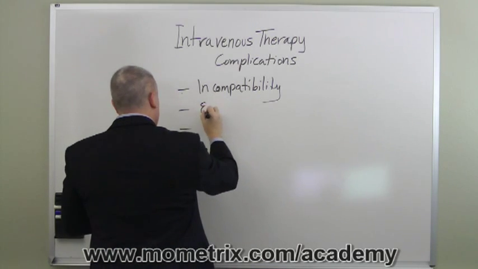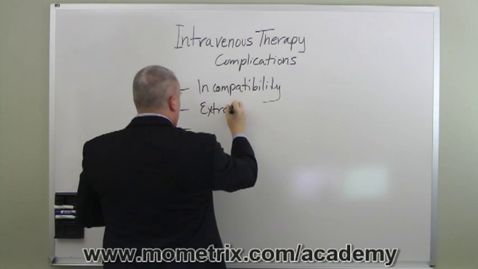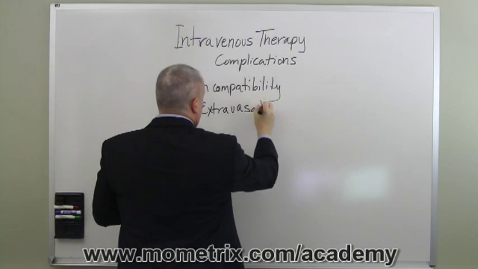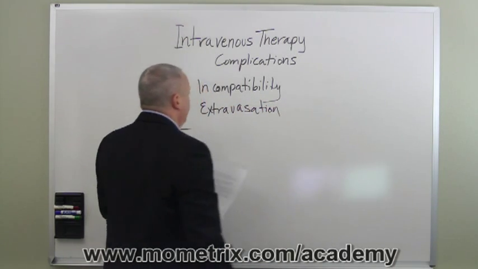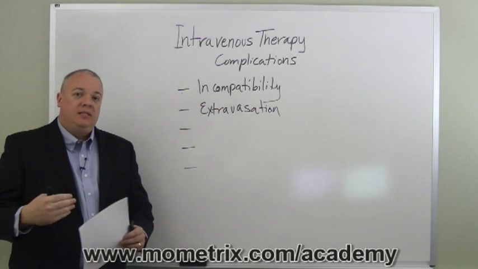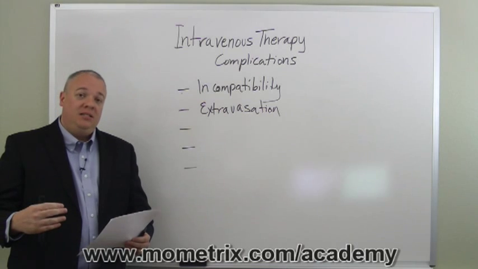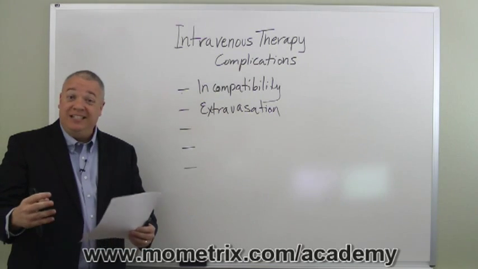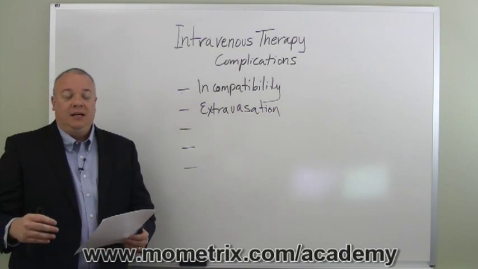Secondly, you want to be aware of extravasation. Extravasation basically means that the IV line has come out of the vein and is depositing the solution into the surrounding tissues around the vein.